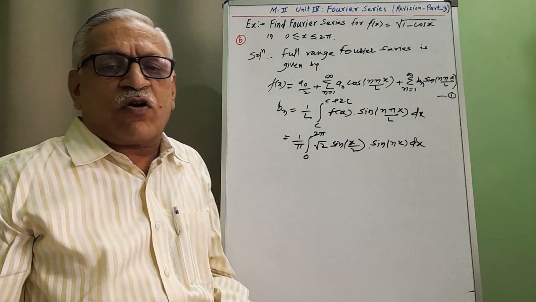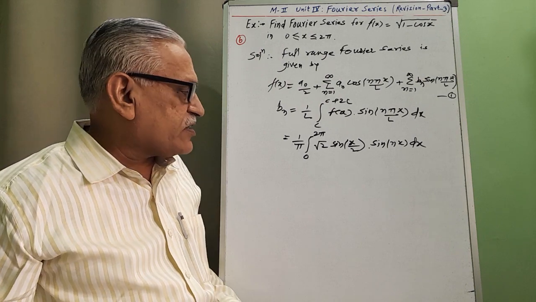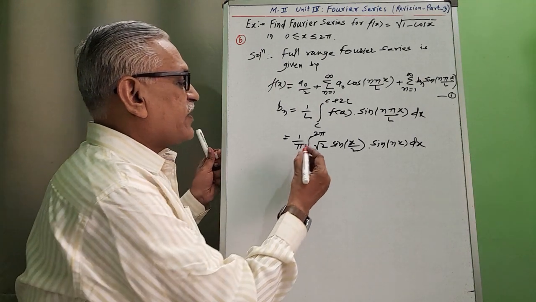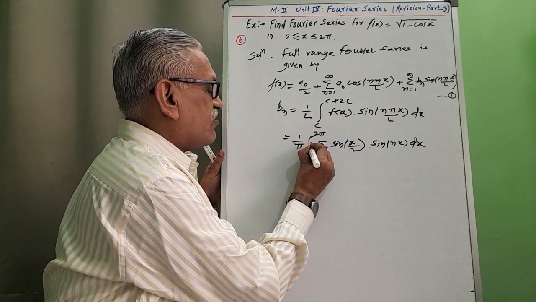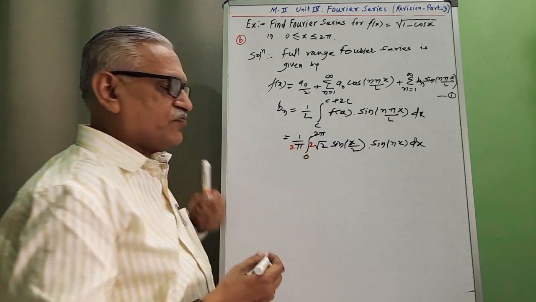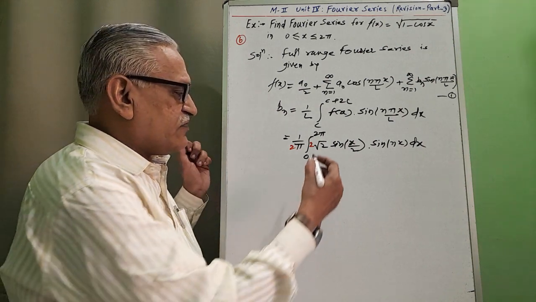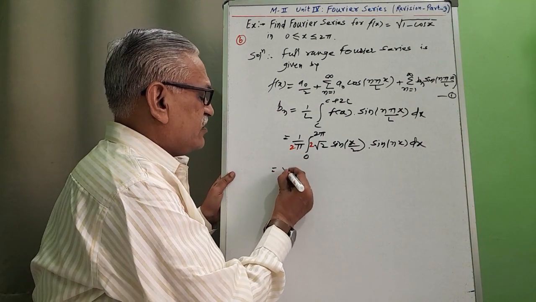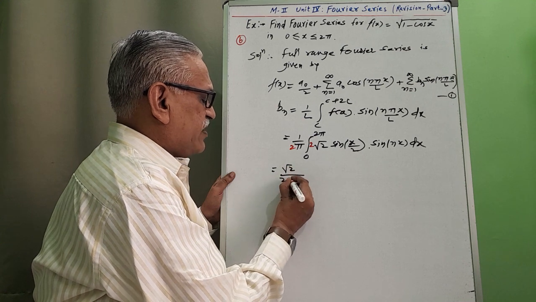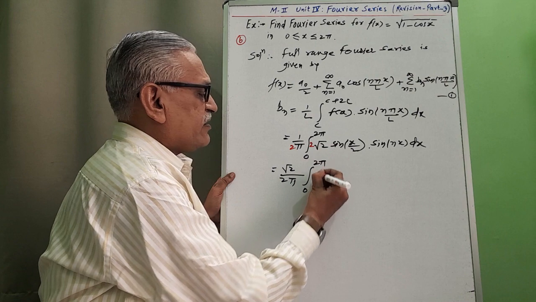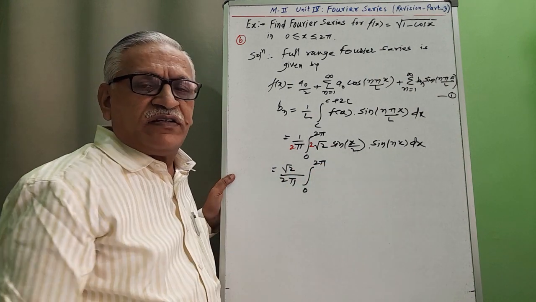Here also we have a product of two trigonometric terms. Therefore to convert that product into a sum, we multiply it by 2 and divide by 2. Applying the factorization formula, we get root 2 divided by 2π integration from 0 to 2π of 2 sin a sin b.